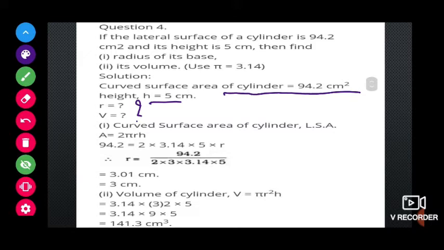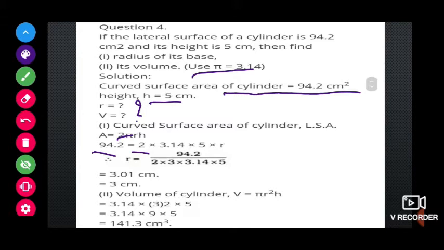So to find that first, as we know already, curved surface area of a cylinder is equal to 2 pi r h. So 94.2 is equal to 2 into pi. Always children, unless they mention pi is equal to 3.14, we have to use 22 by 7 only. We will use normally 22 by 7 only.